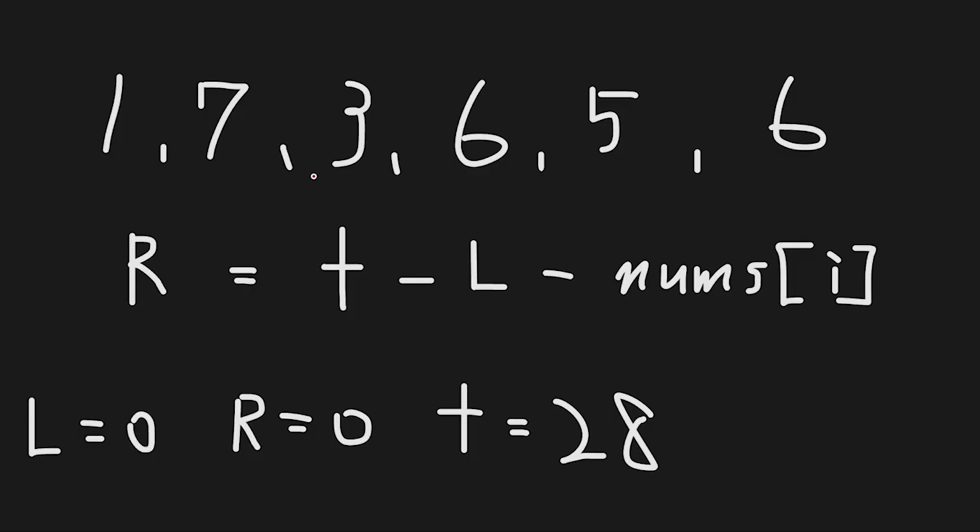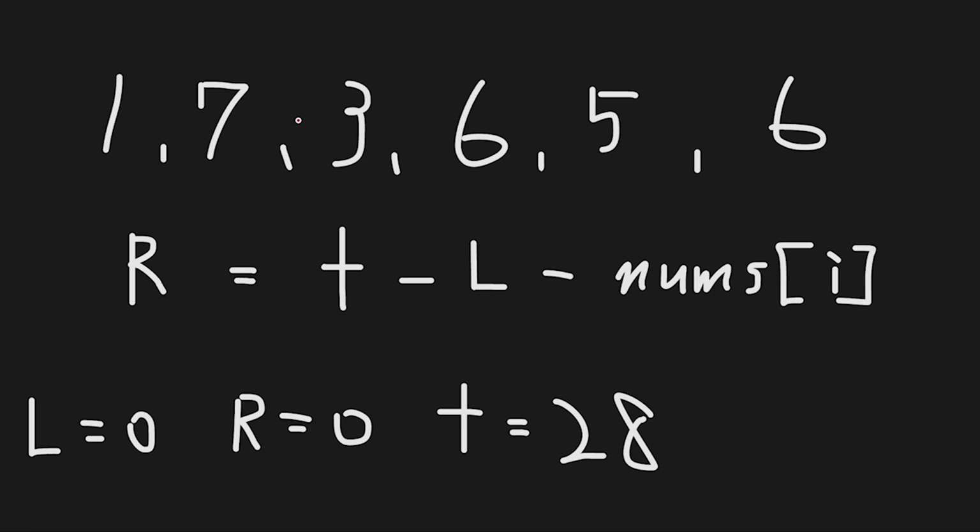Okay, so let me explain with this example. So I copy this input array from example 1. So first of all, initialize left sum with 0, and I already calculated the total of all values. So total is 28. And basically, I iterate through all numbers one by one.